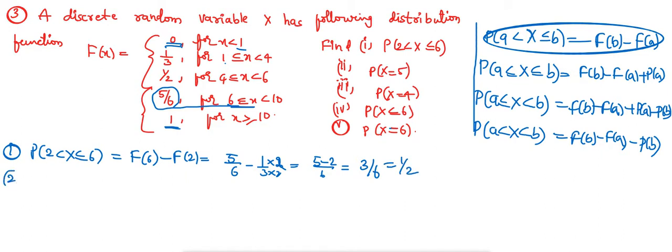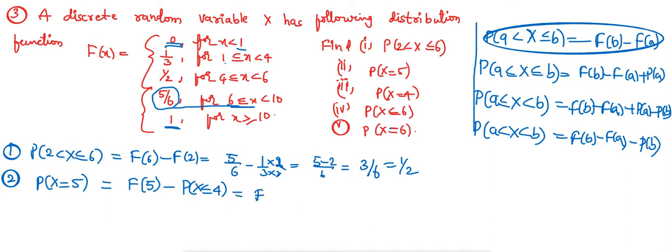The second one is the probability of x equal to 5. That is equal to P of x less than or equal to 5 minus P of x less than or equal to 4.